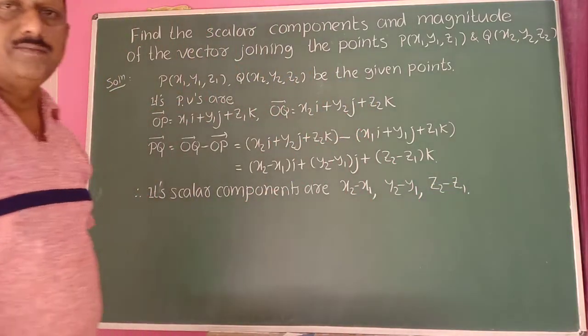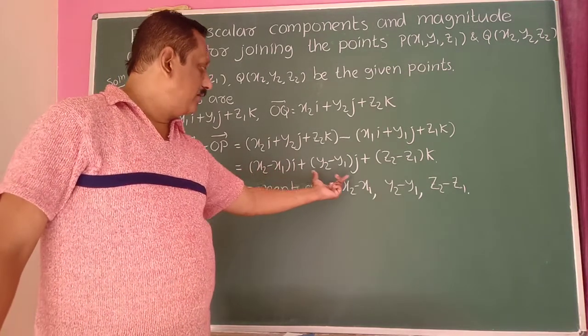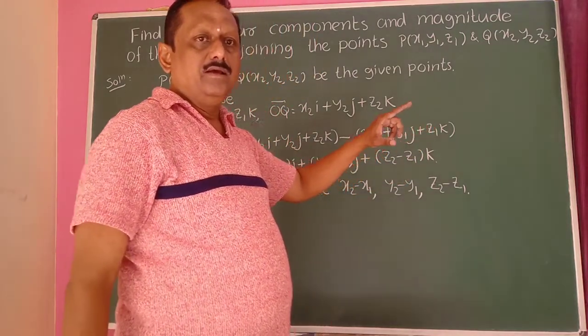These are the scalar components. And x2 minus x1 i, y2 minus y1 j, z2 minus z1 k are called vector components.